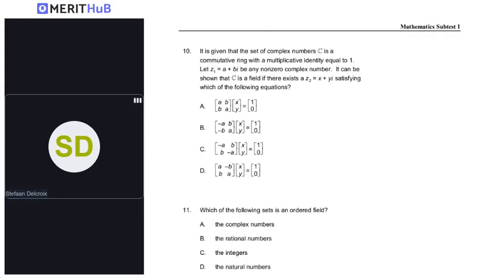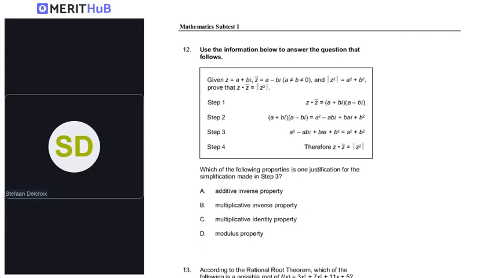Number 12. Use the information below to answer the question that follows. So given z is a plus bi, z bar is a minus bi, where a and b are not zero, and the absolute value of z squared is a squared plus b squared, prove that z times z bar is absolute value of z squared.